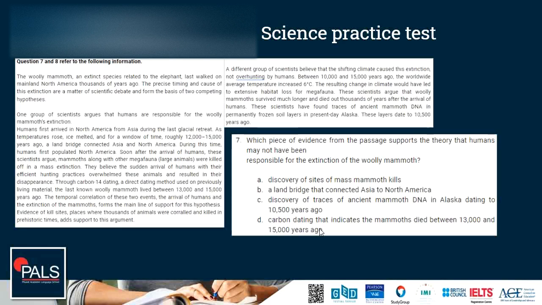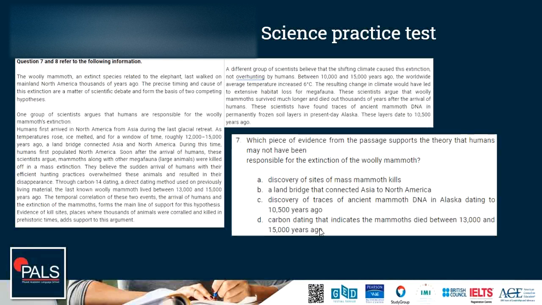So if a question like this comes up in the GED test, what I would recommend you to do, because it's quite long text here with a lot of information in it, is definitely use the highlighter. I think you have a highlighter available on the computer-based test, so you can highlight some parts of the text that you think are important.